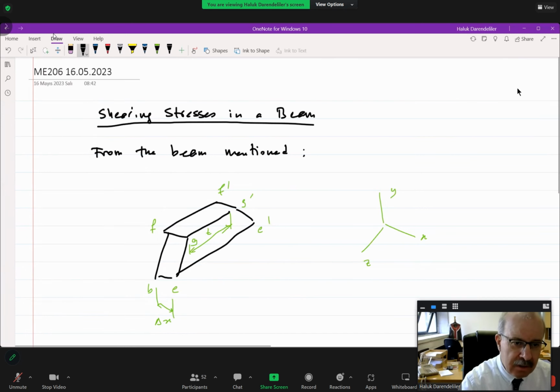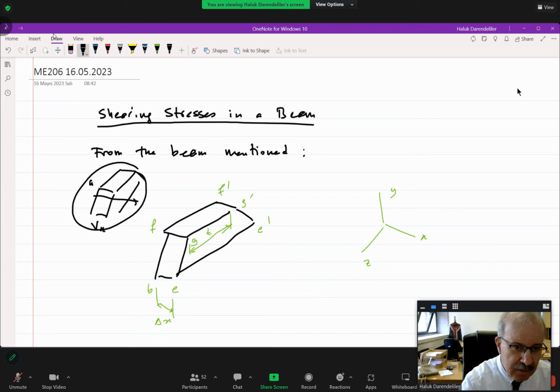Let me draw here. There is an upper portion of this beam like that, which we have already discussed. Here we have A, etc. And on this portion, we have this force Vx. Now, this was the previous element. Now, I am just putting the shear force on the surface, but now it is in the opposite direction.